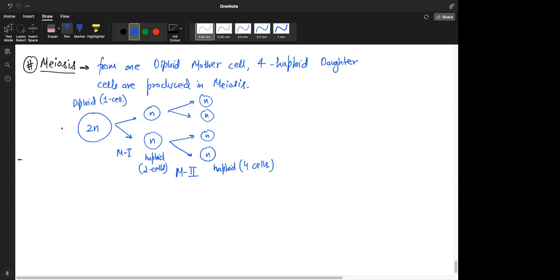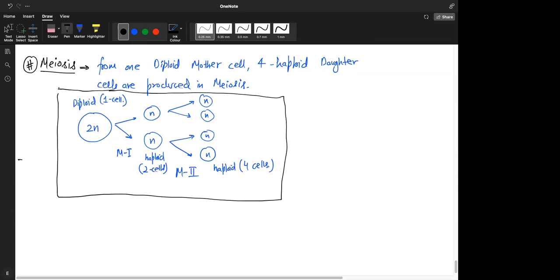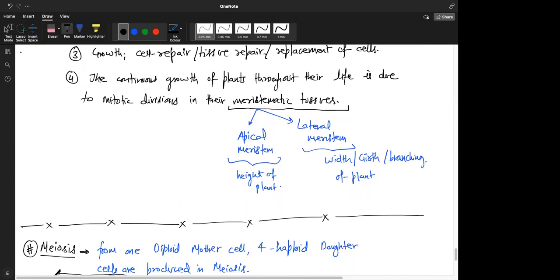If we just look at this diagram now, we started with this one cell. If it was mitosis, there would have been only one cycle, and 2n will give rise to 2n and 2n. Let me draw mitosis here.